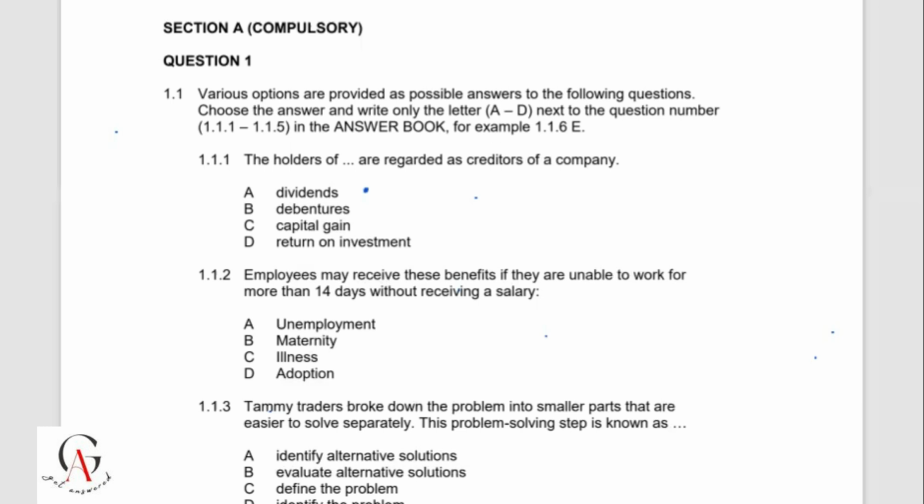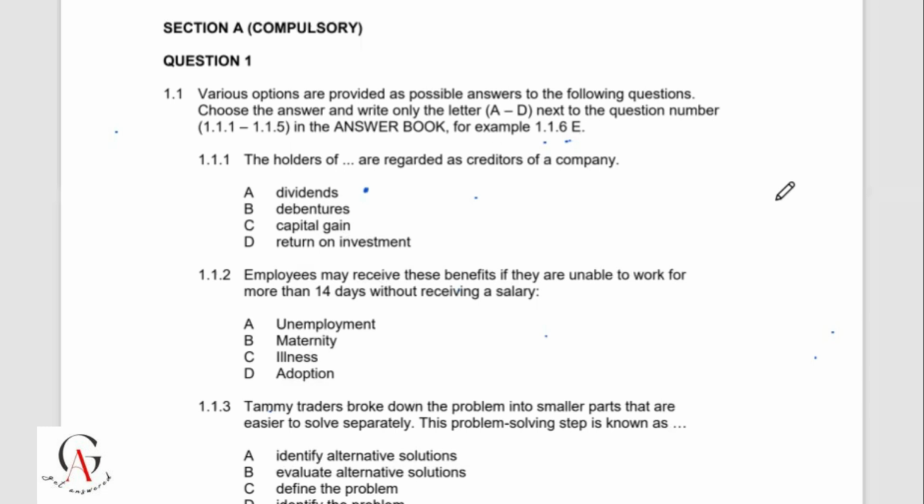The expectation is to write the answers inside your answer book. As an example is given here, you only select a letter. You don't write the given definitions on those options.